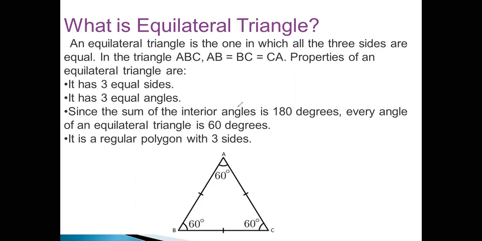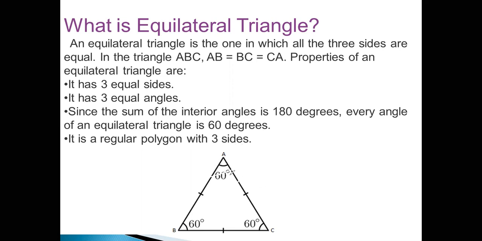Then if we talk about the equilateral triangle, what is it? A triangle is said to be an equilateral triangle if all the sides of the triangle are the same. All the sides or line segments of the triangle will be the same.